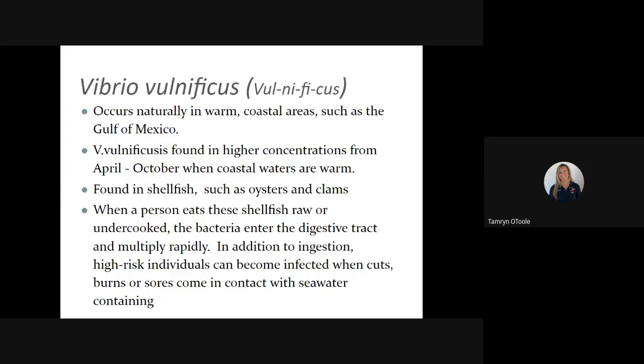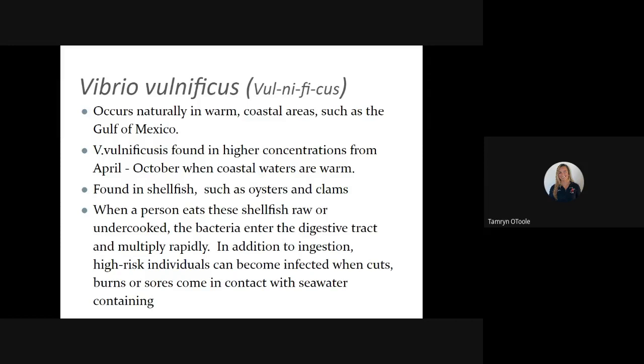So if you hear about somebody getting sick from eating shellfish, this may be one of the bacteria that plays a role in it. This is a very extreme bacteria. When a person eats shellfish raw or undercooked, which is very common, my husband loves raw oysters, these bacteria actually enter the digestive tract and start to multiply rapidly.